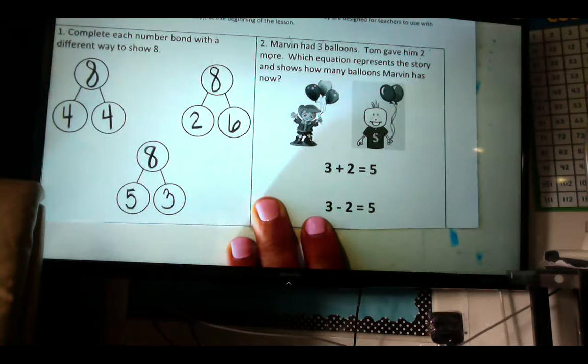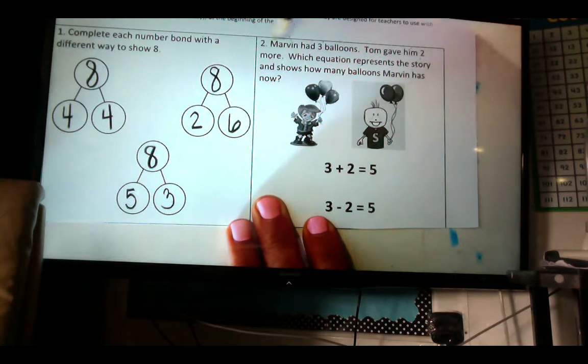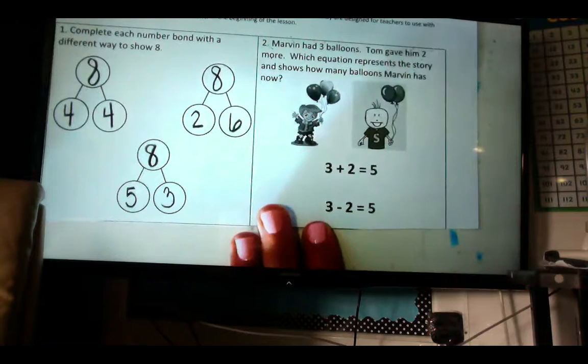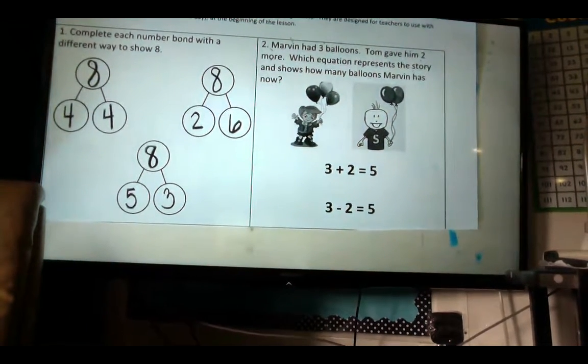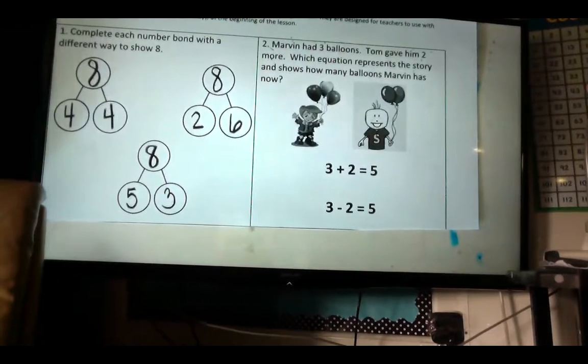Yes, it does. Marvin started with how many balloons? Marvin started with 3 balloons. Then what happened? Let's keep reading. Tom gave him 2 more. If somebody gives somebody 2 more, are you having more or less?